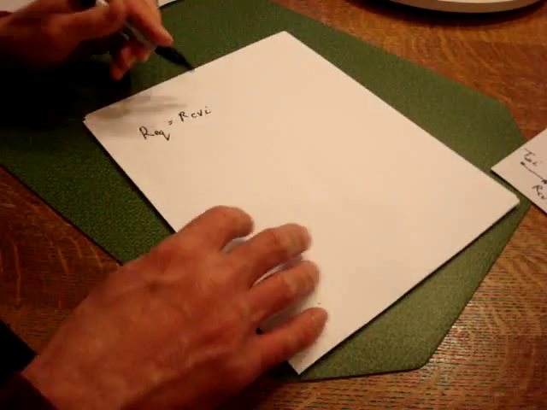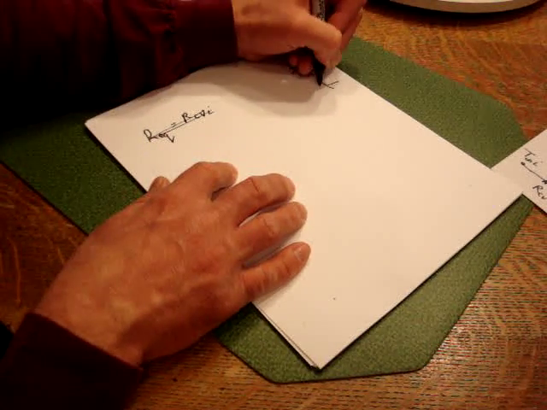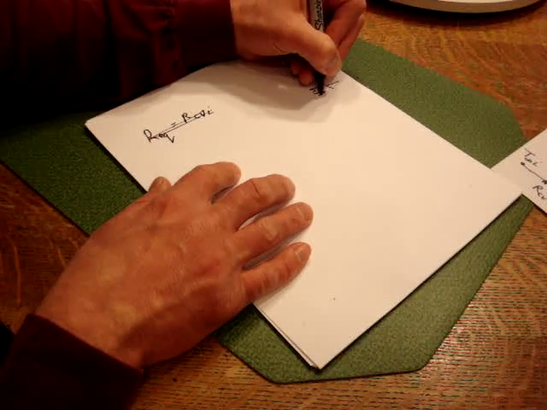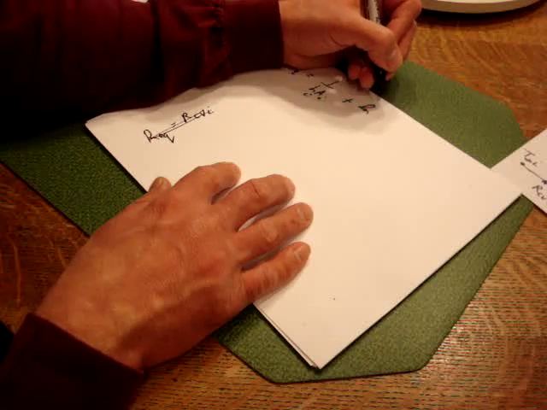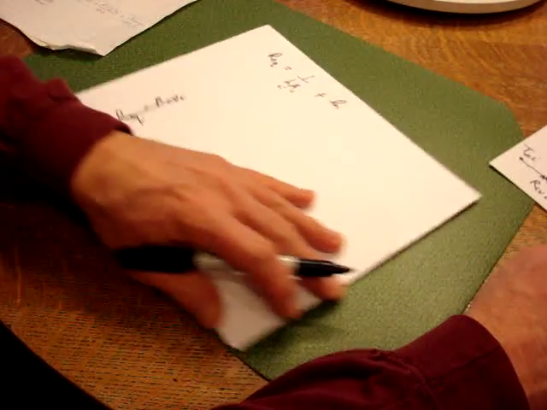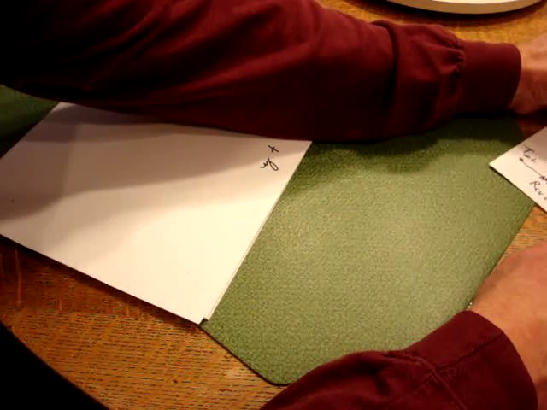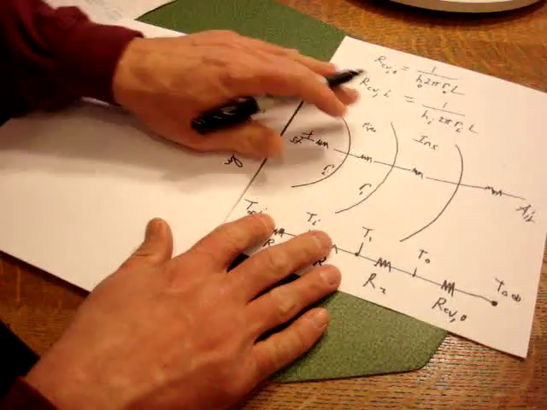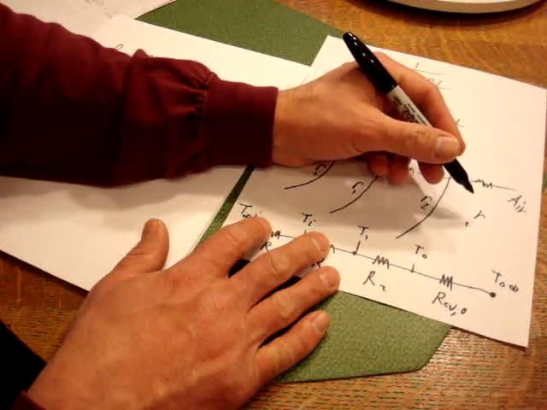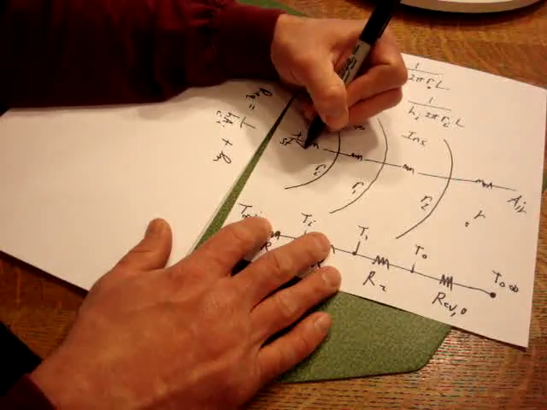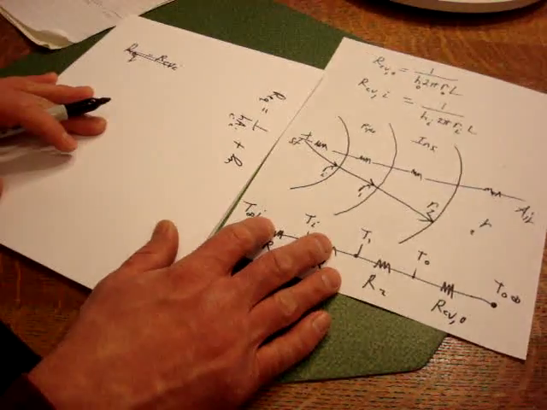Tell you what, let me turn my paper this way. Plus the natural log of, I'm going to call this R on the inside, R1, and R2, and then R on the outside here. Like this.